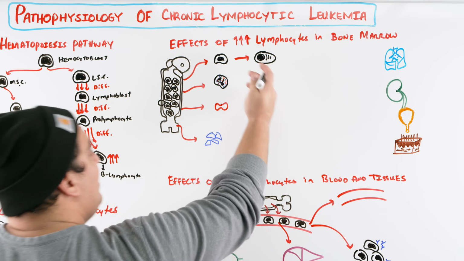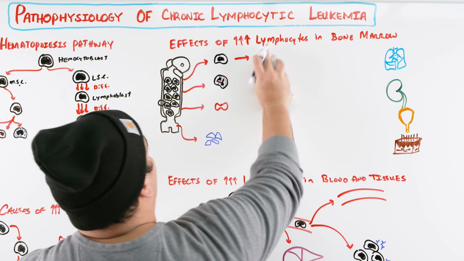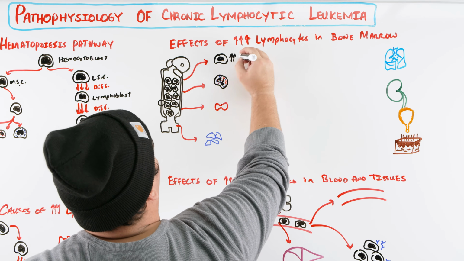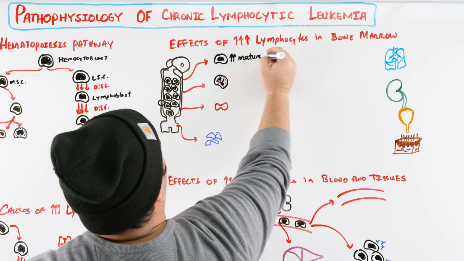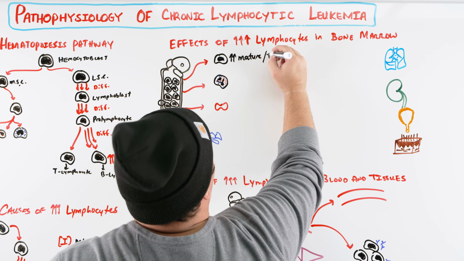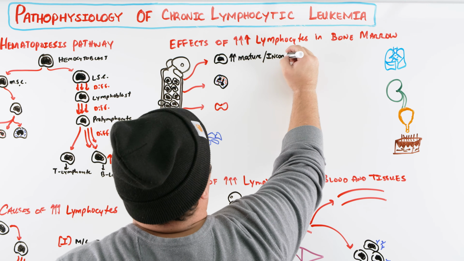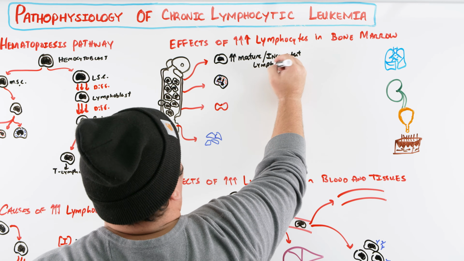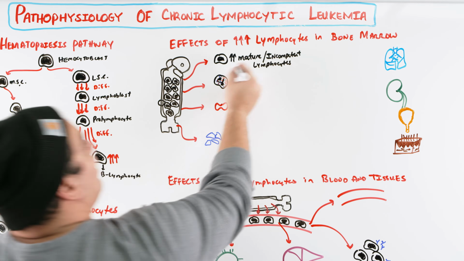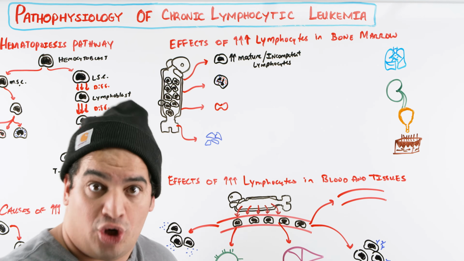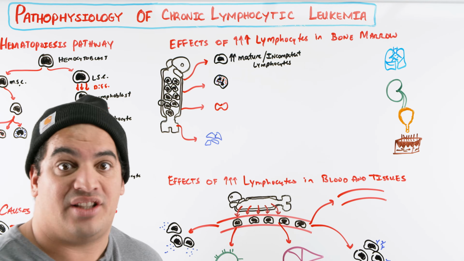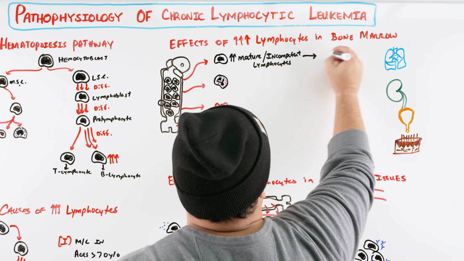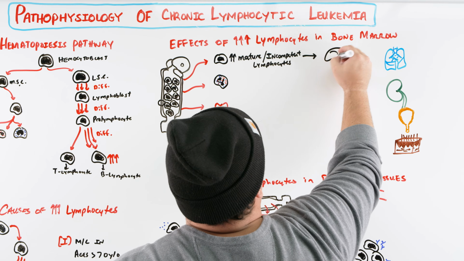So in this particular process, what may happen is you increase the number of mature, but let's call them slightly less competent, or incompetent, B cells or lymphocytes. Because you get a lot of these mature-appearing lymphocytes that are not as competent as they should be, one of the downstream negative consequences is that you make plasma cells from these lymphocytes.